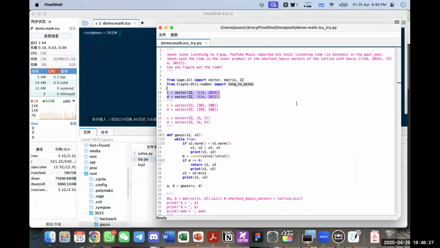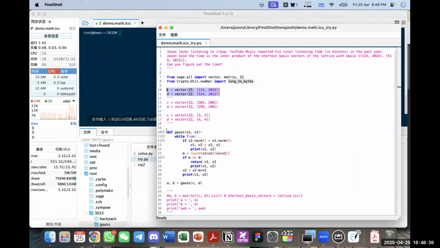So we have these two vectors C and D, which are quite random numbers, and we can use this Gaussian reduction function, and then we plug in C and D as V1, V2 here, and we get A and B. And actually, I use print within the function so I can see the steps of this program. So maybe we can perform.